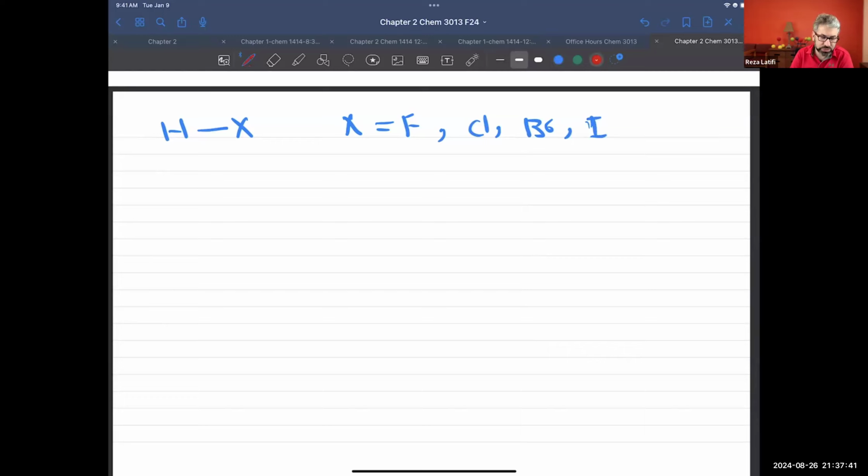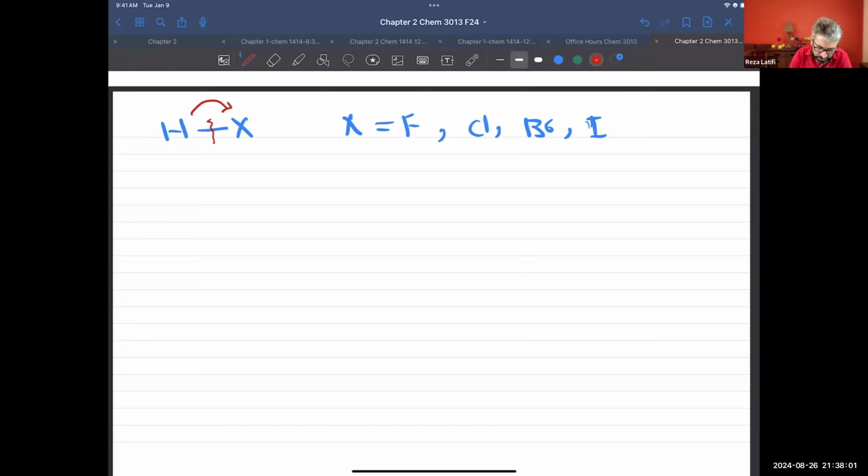In order to behave as an acid, we need to break this chemical bond, or take the 2 electrons and give them to X. The question is how much energy we're going to spend. The less energy we spend, the stronger the acid will be.